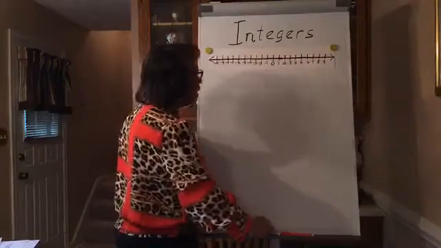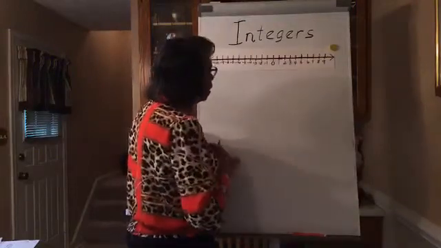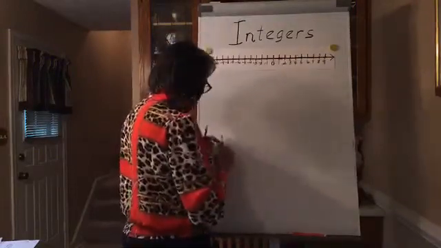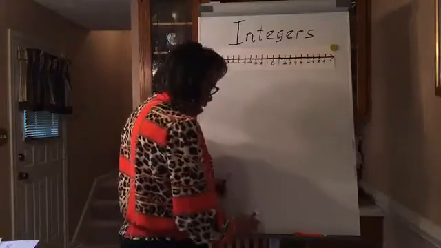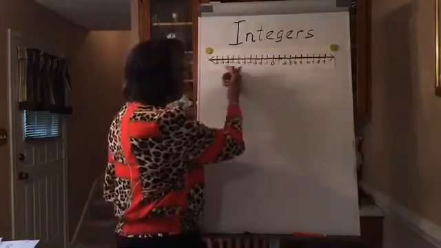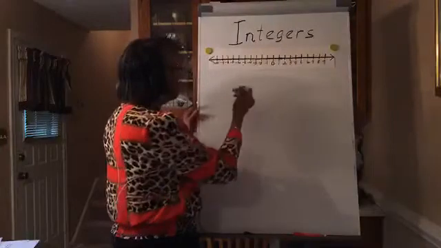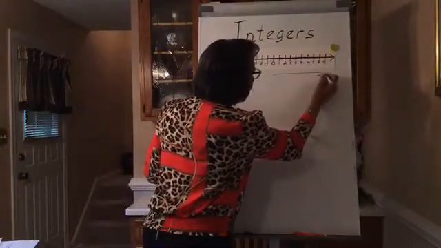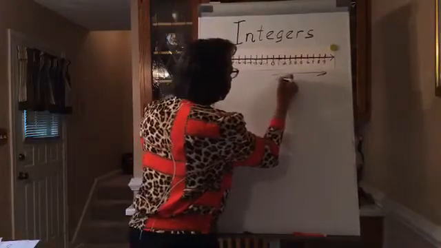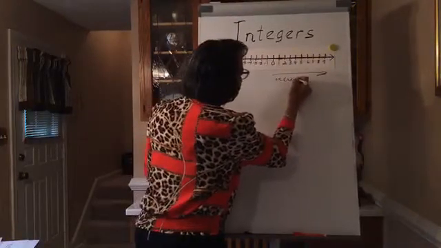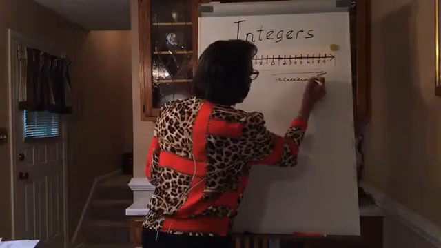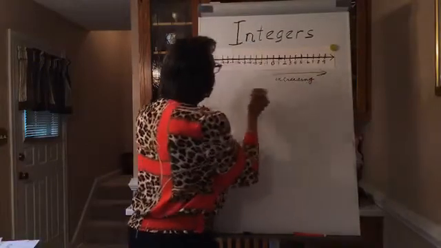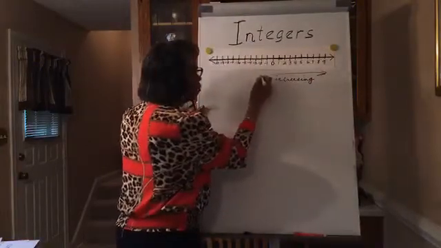When we are increasing, we're going to the right. And when we're decreasing, we're going to the left. So increasing is going to the right. That's increasing. And decreasing goes to the left.